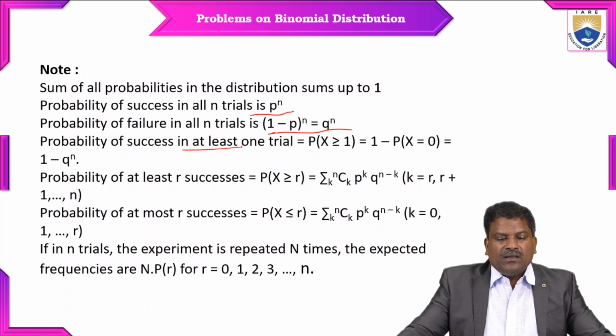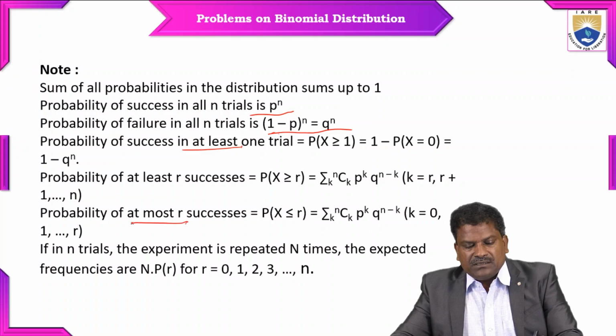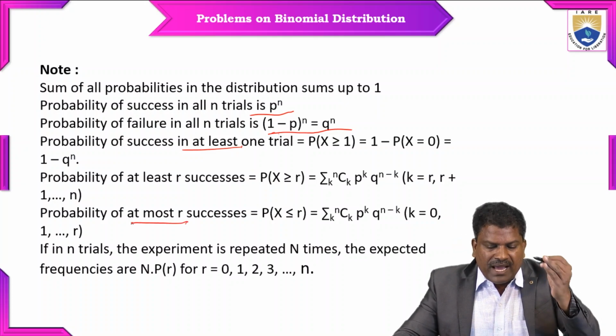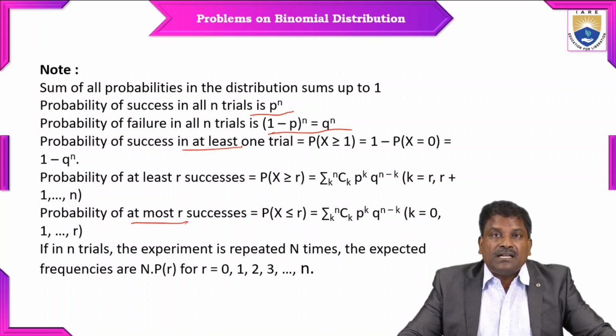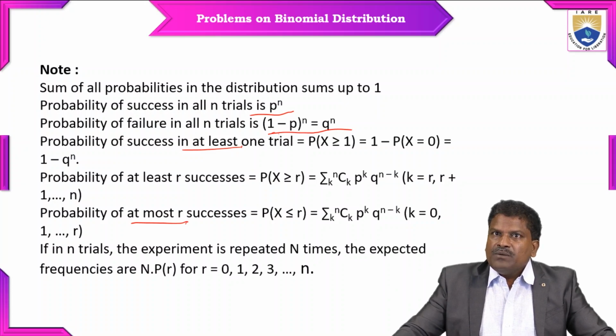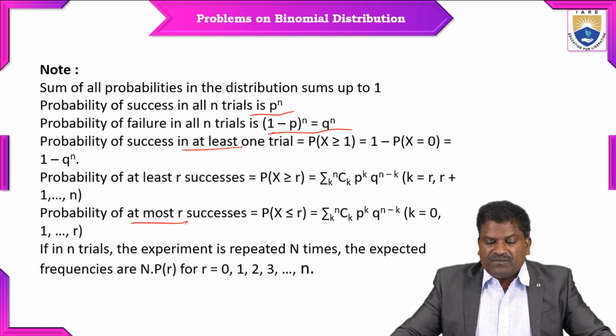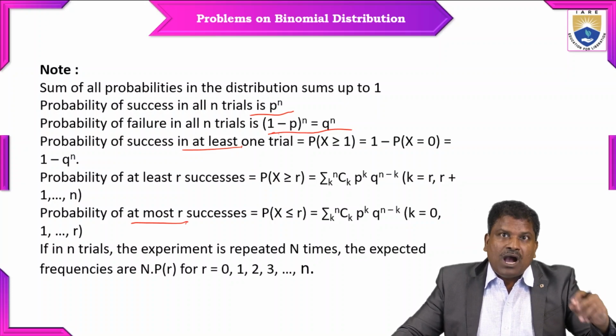Like that, the probability of at most means the maximum. So up to that and below that only will come. That is called at most. So at most r successes is P of x less than or equal to r. Here it is sigma nCk p to the power k into q to the power n minus k, where k runs from 0, 1, 2, 3, 4 up to r.